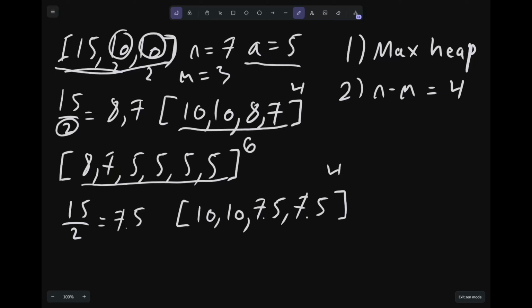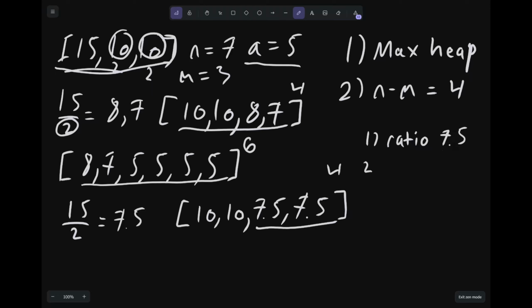But the way we're going to code this up is we're not going to pollute our heap with these two 7.5s over here. What if we can just keep track of 3 things? Number 1, the ratio. In our example here, it was 7.5 or 15/2, whichever you want to think about.